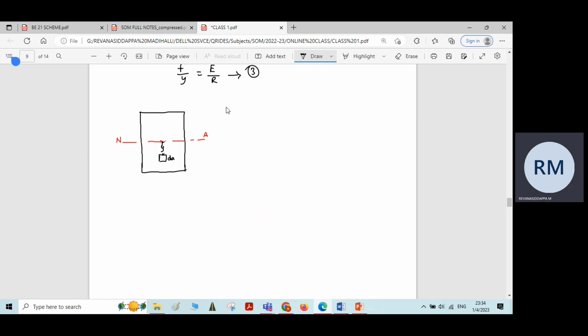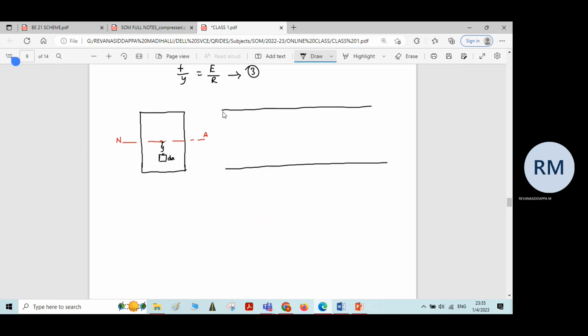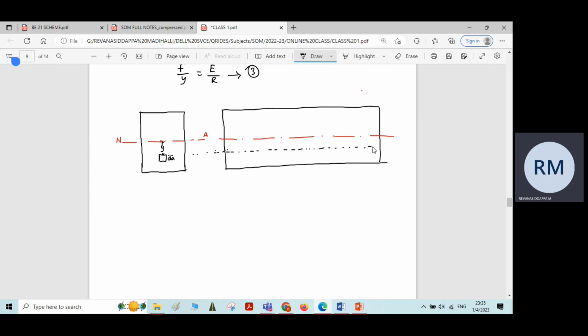So this is the cross section. If I write the longitudinal section, so this is the longitudinal section.